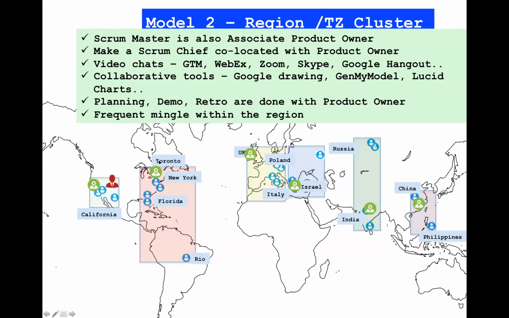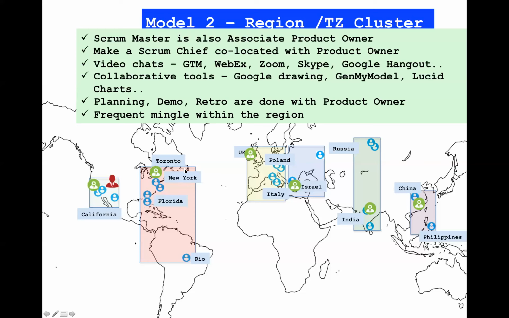The more you mingle, the more interactive face-to-face discussion that you would have, the better chemistry and synergy that you're going to build within the team. Remember, this is not a co-located scenario where everybody is coming to the same New York office every day. So it's important to budget time and money to travel so that the team members can mingle with each other from time to time.